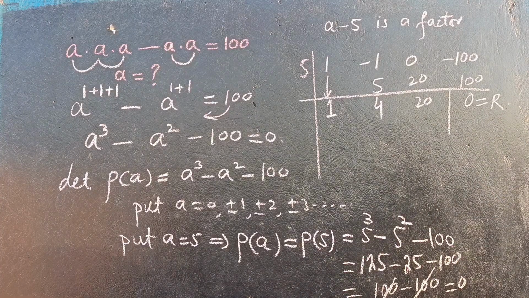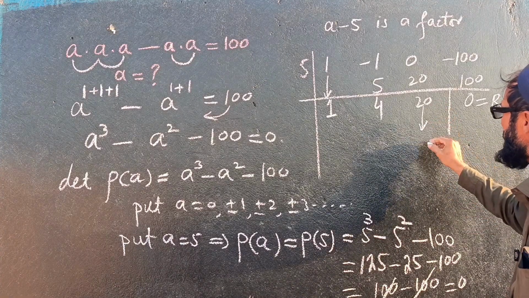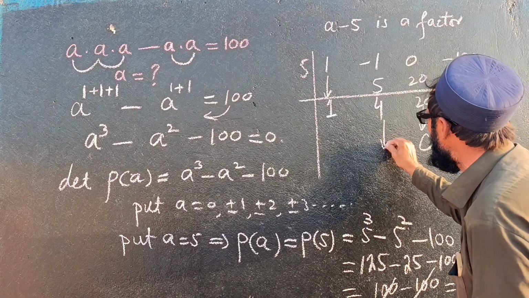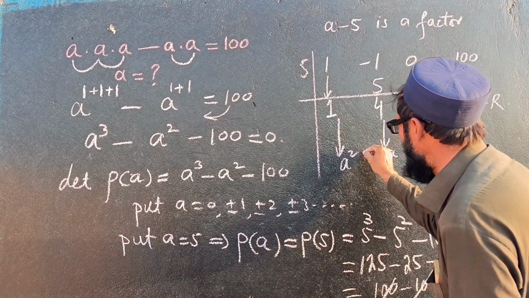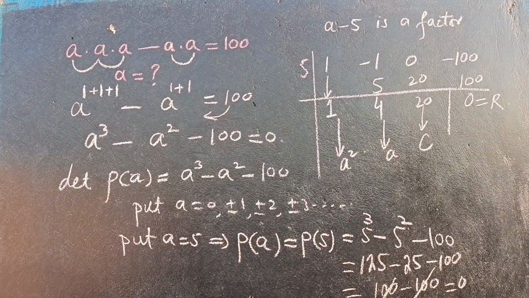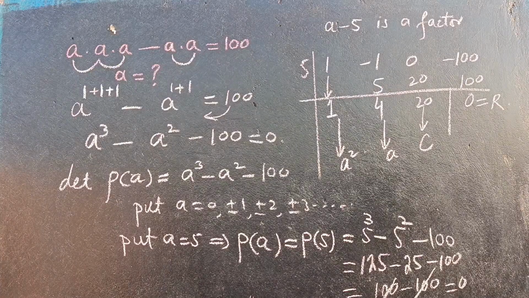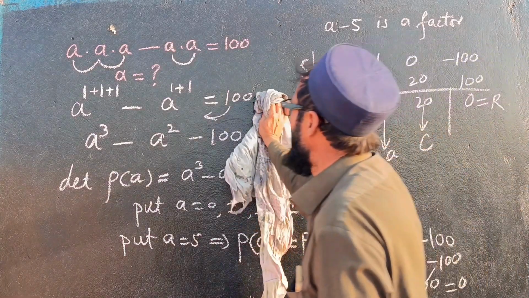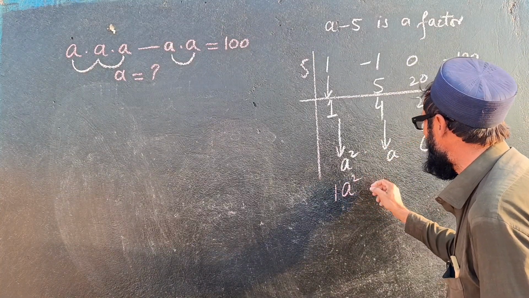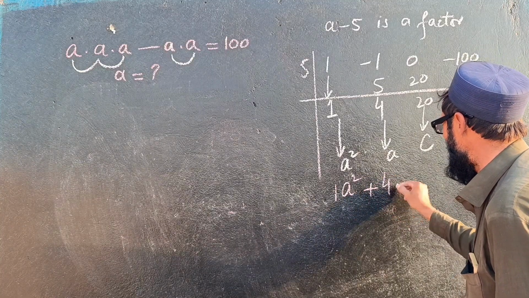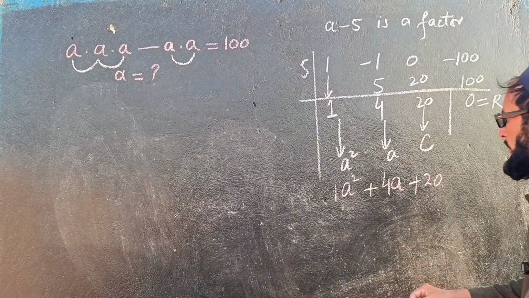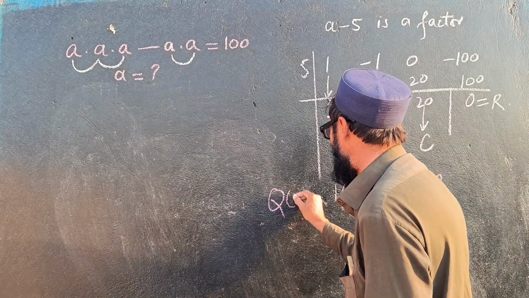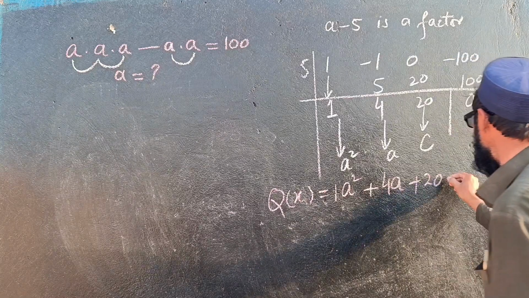It means that we get the reduced form: this is the first value, the coefficient of a square, this is the value of a, and this is the constant value. Now we reduce the form of this equation. Here the quotient is a square plus 4a plus 20 is equal to 0.